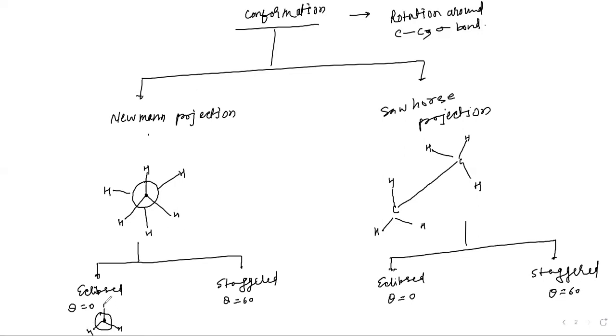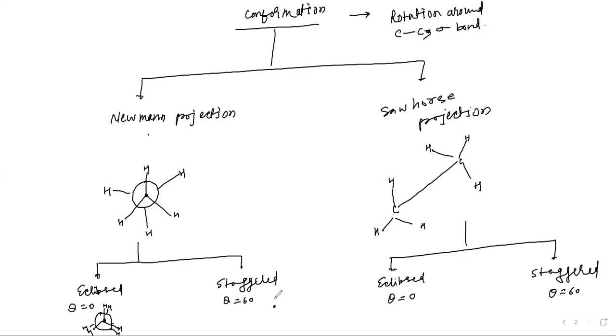See, this is the hydrogen of front carbon. Back carbon hydrogen are also very close to it. If the atoms are close, there will be repulsion. And if there will be repulsion, the molecule will be unstable. So eclipsed form is unstable.